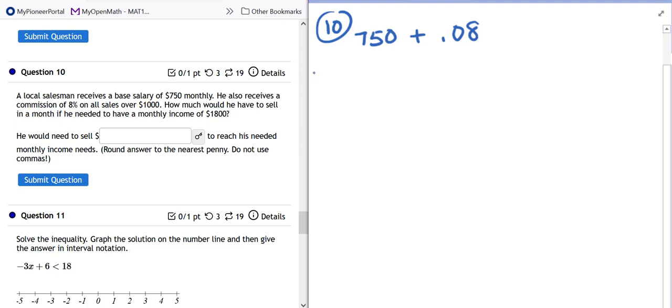So if we let x be the sales, right, we only get this commission when it's over 1,000. So we'll take all of his sales and subtract 1,000. And that's what we get the commission on. And we want this to equal 1,800.